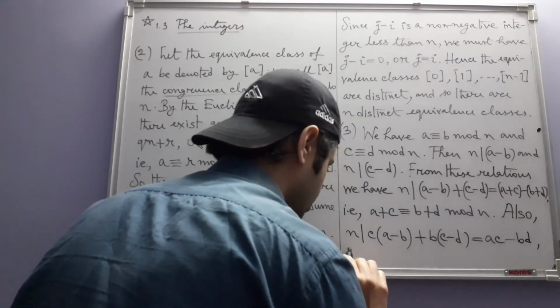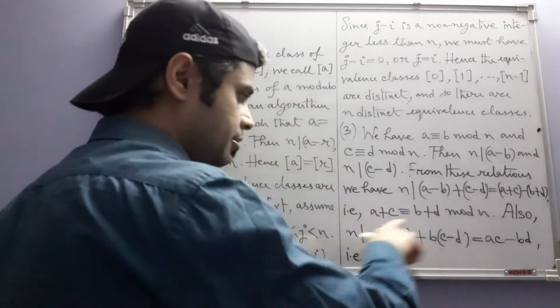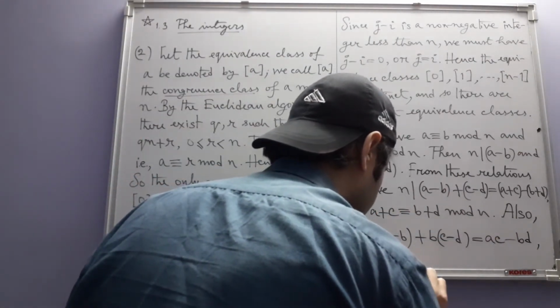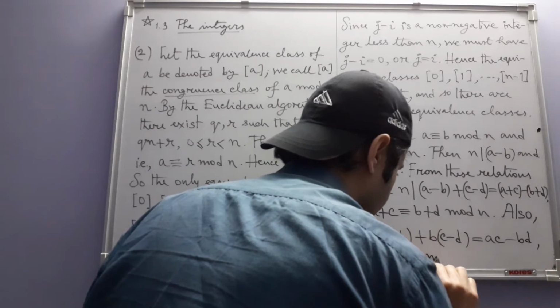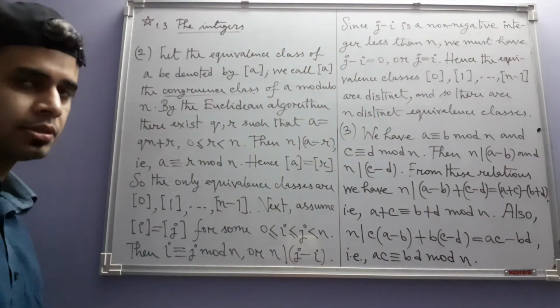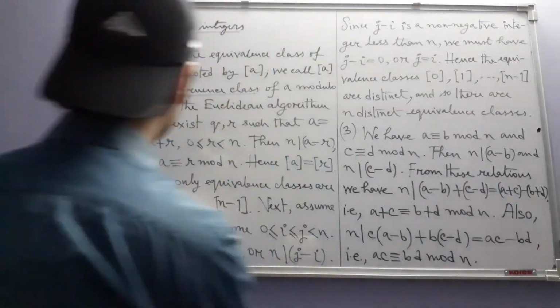That is, since n is dividing AC minus BD, AC is congruent to BD mod n. So this was the third subdivision.